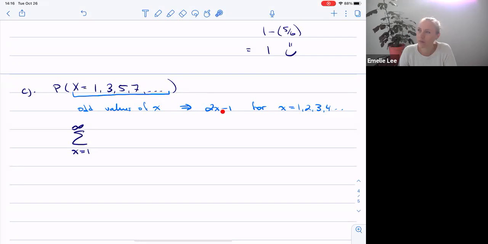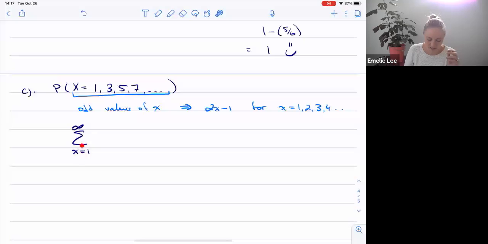Even numbers should just be 2x, but then 2 times 1 is 2, 4, 6, 8, works. All right. Never doubt yourself. 2x minus 1. Let's do the fourth one. 2 times 4 is 8, minus 1 is 7. Okay, so it checks out. So the pattern that we want is actually 2x minus 1.